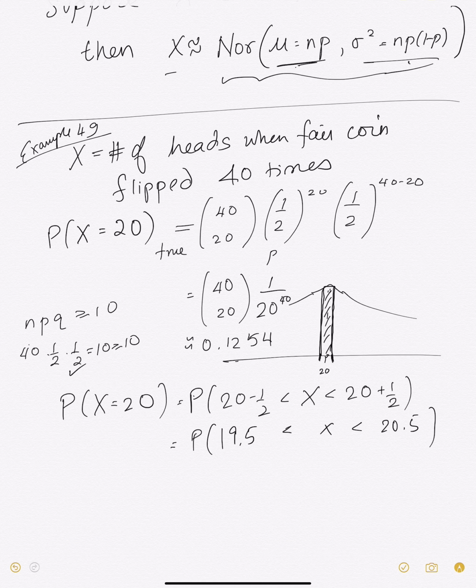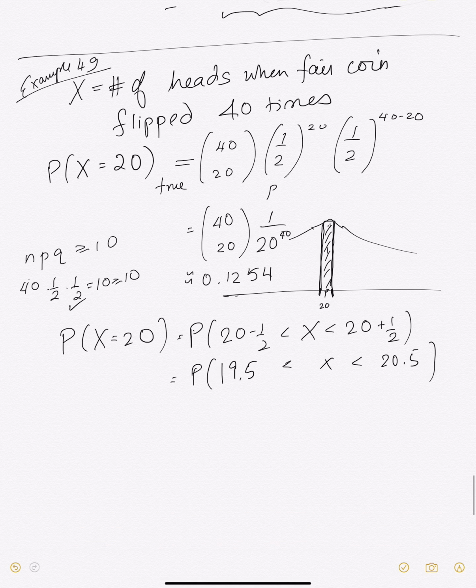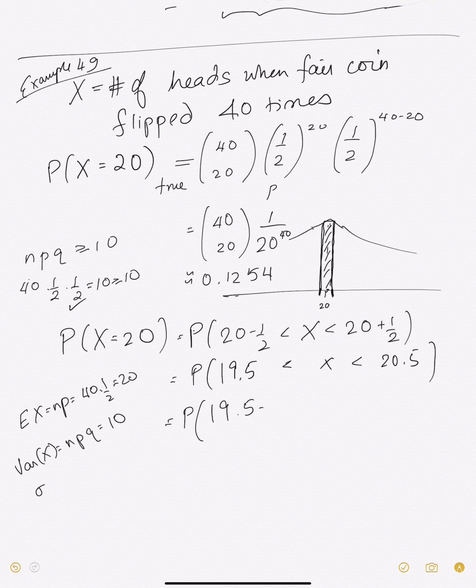All right, and now what do you want to do? You go throughout and subtract the mean of X. It's 40 times a half, that's 20. And the variance of X is npq, that is 10. So what we need to divide by is the square root of 10.